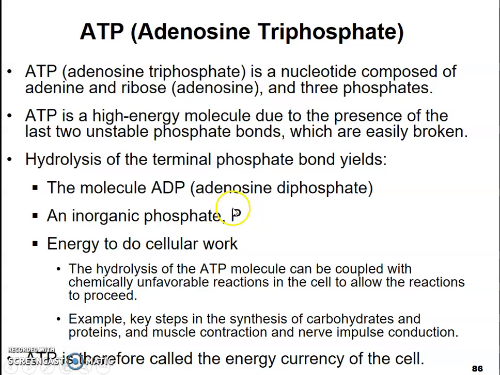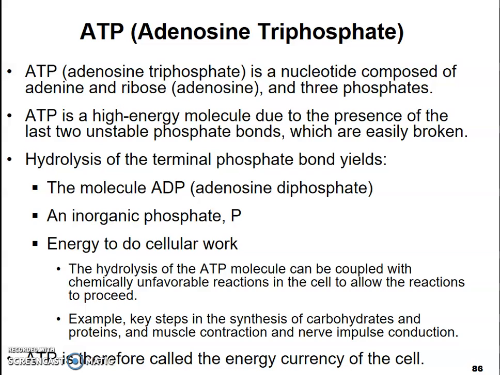Okay, so breaking that phosphate off of the ATP and making it into ADP and a P releases energy. And that is energy to do cellular work. The hydrolysis of the ATP molecule can be coupled with chemically unfavorable reactions in the cell to allow the reactions to proceed.